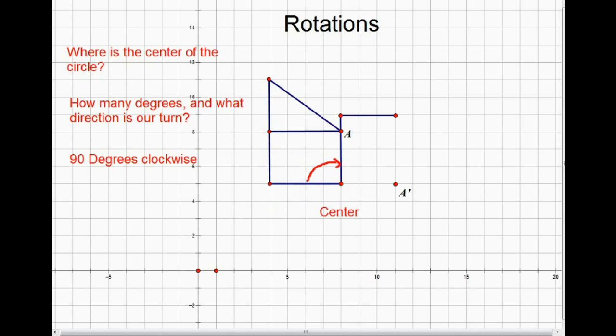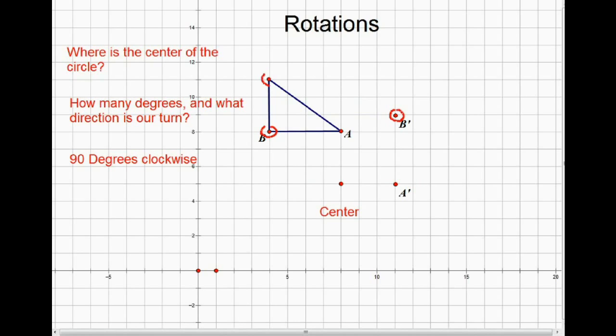So this vertex ends up over here. If this was our original vertex called B, when we rotated it 90 degrees clockwise, it ended up there.